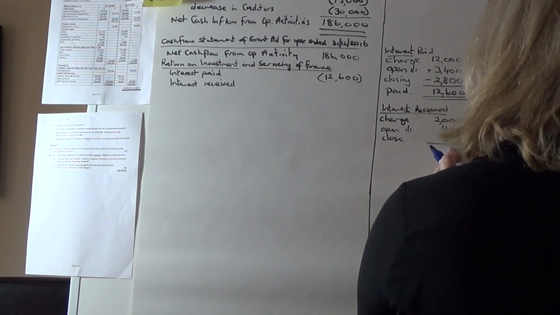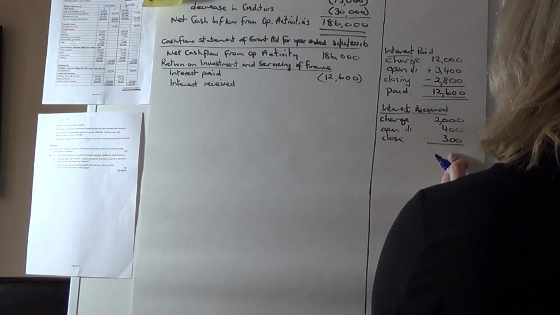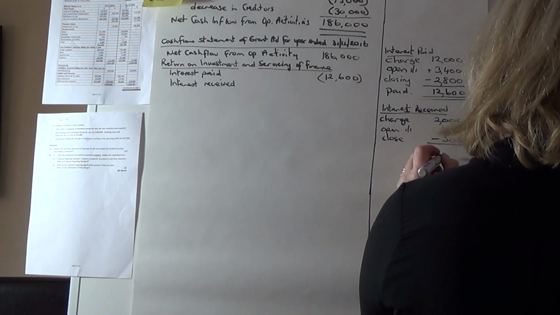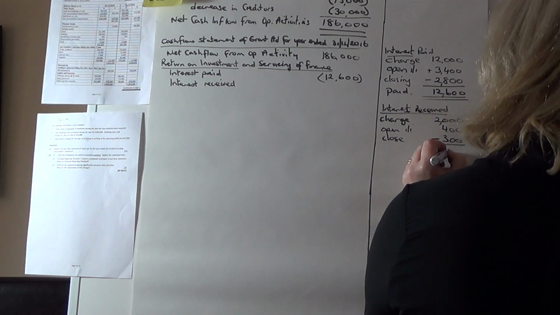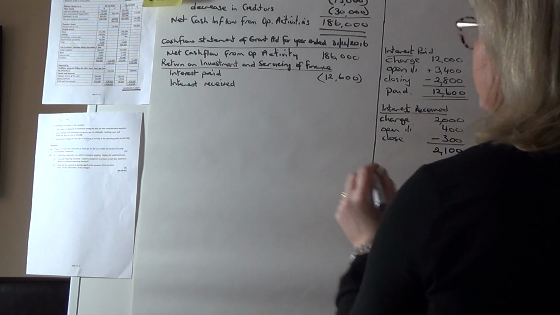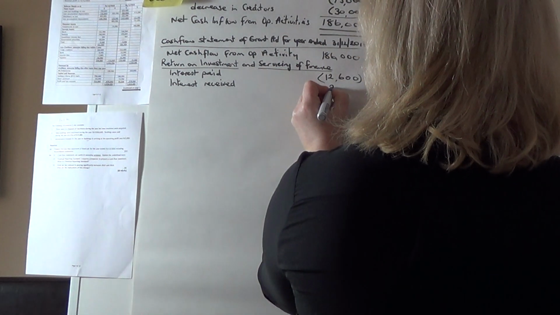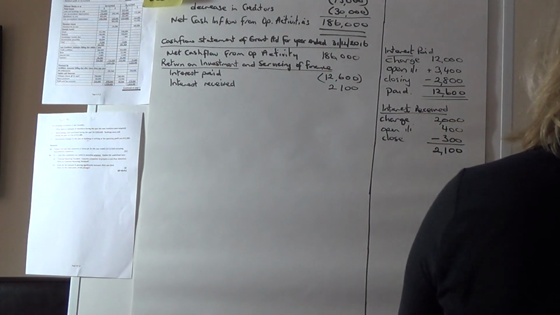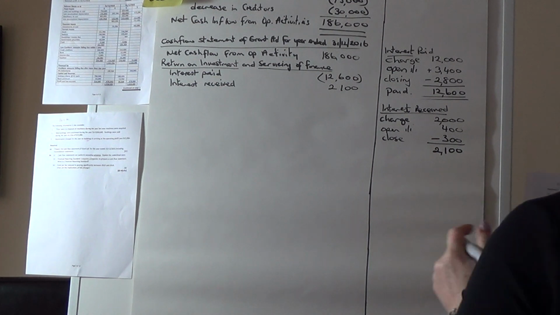So again, how much have we actually received, and the balance on that, we have to minus the 300, so we have actually received 2,100. So interest received 2,100, and again that's money in, so that will be a plus to our cash flow statement.